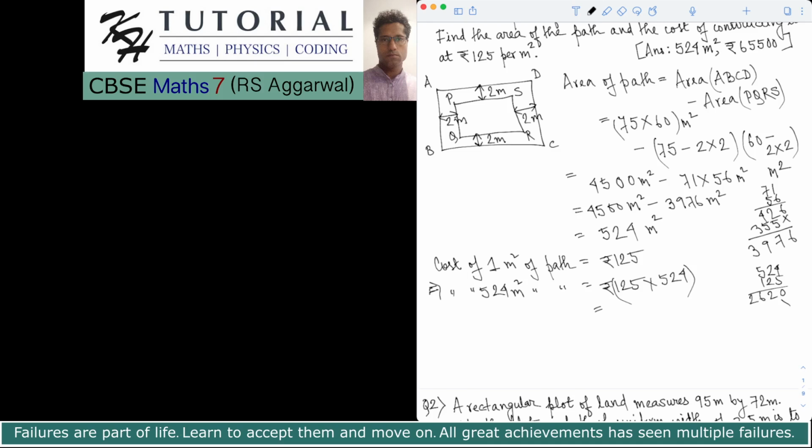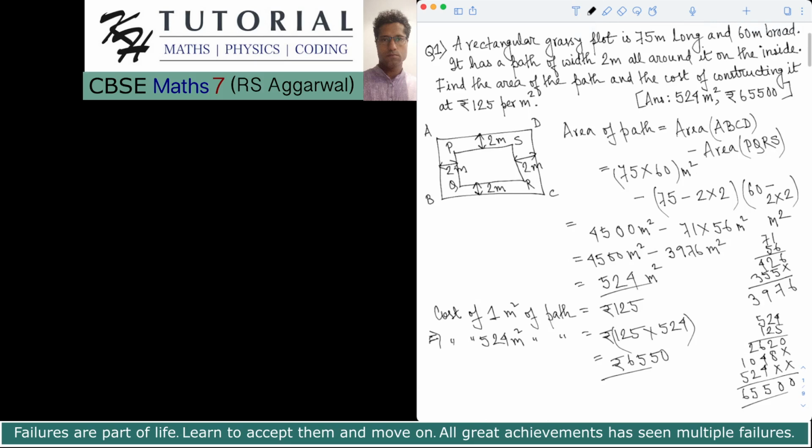So this is rupees 65500. So the area of the path is 524 meter square and the cost of constructing the path is rupees 65500.